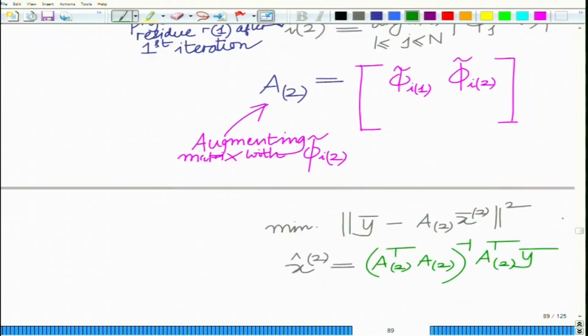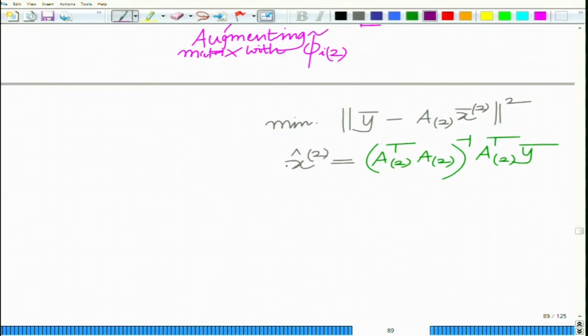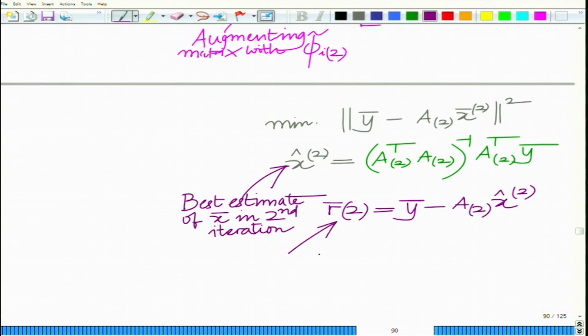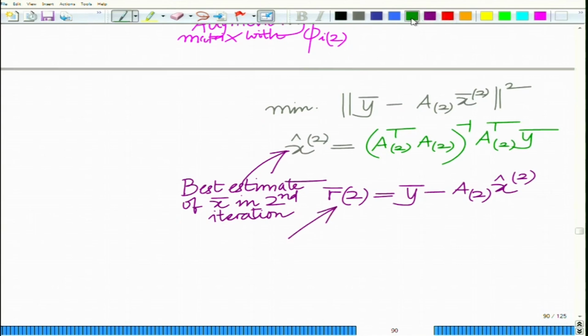This is the best estimate of x bar in the second iteration. Now you find the residue R bar 2, which is y bar minus the basis matrix times x hat 2. And this is the residue after the second iteration.